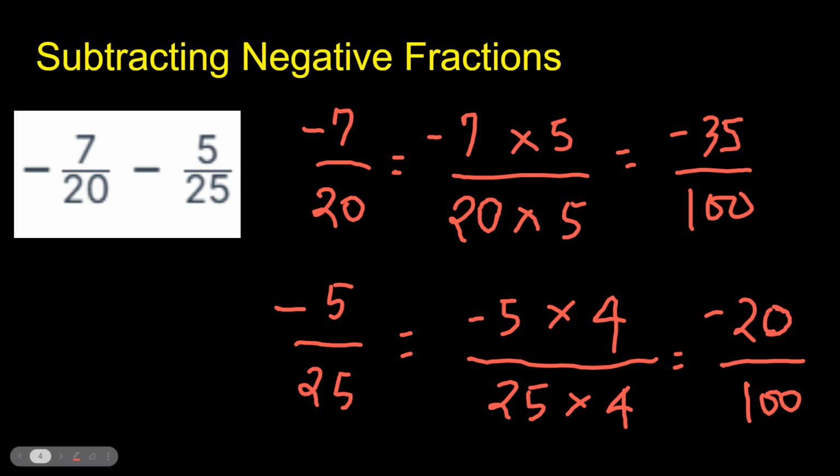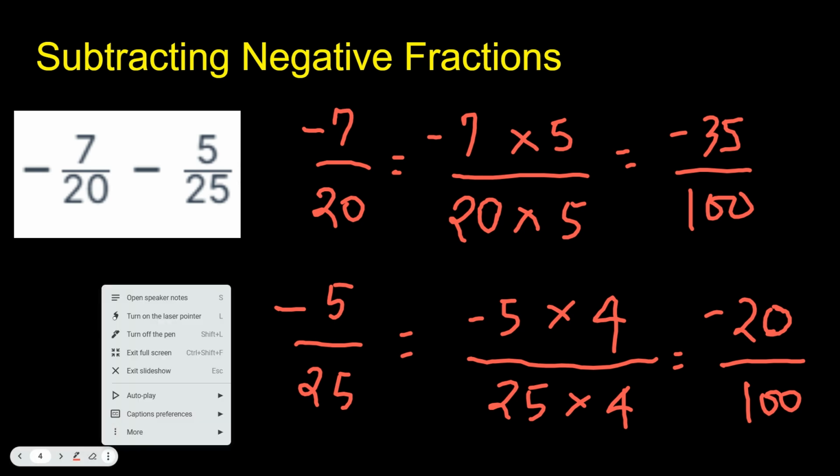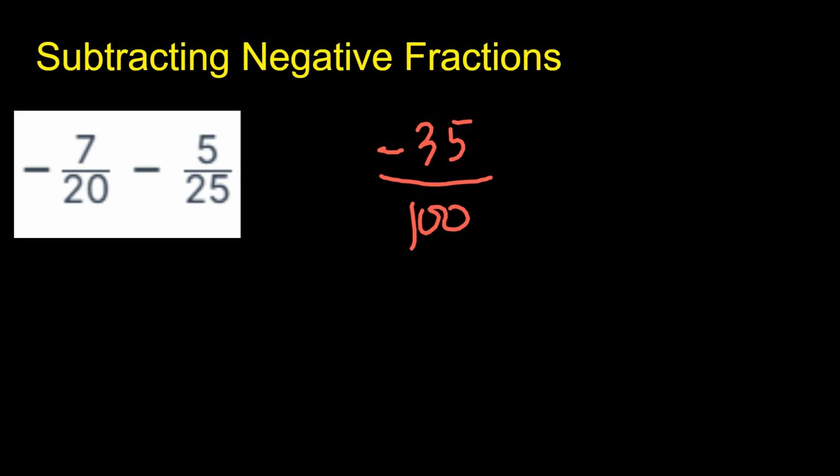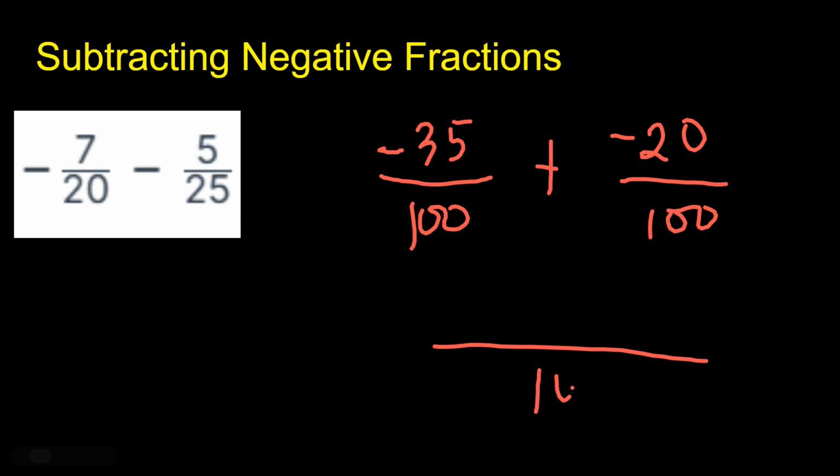Let's erase that. It's kind of small. So we now have negative 35 over 100 plus negative 20 over 100. Let's put 100 as our common denominator.